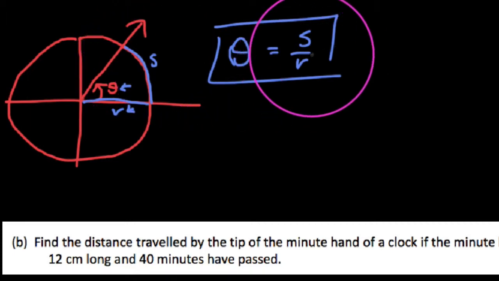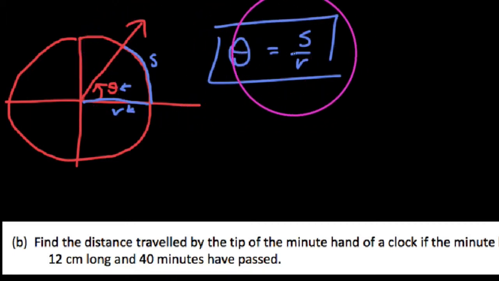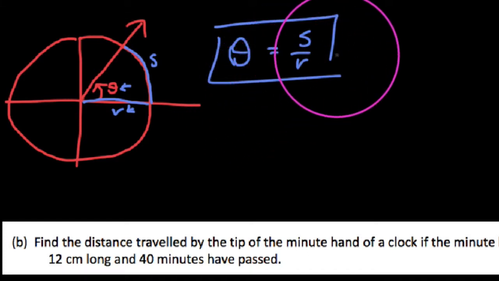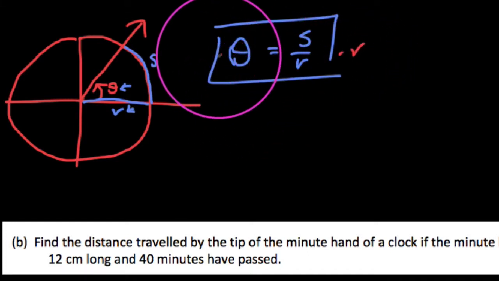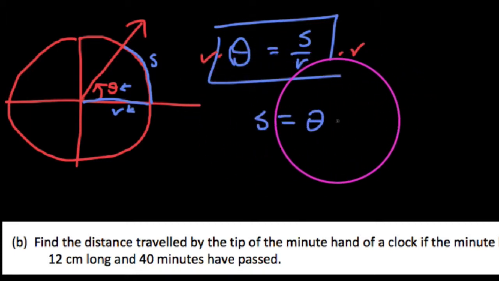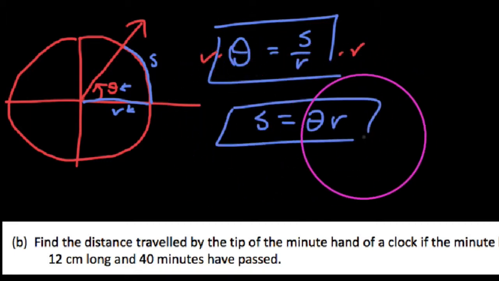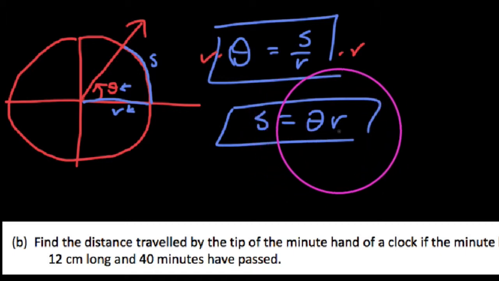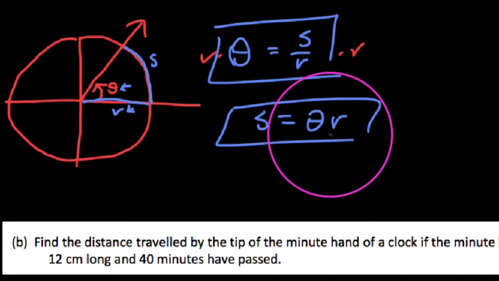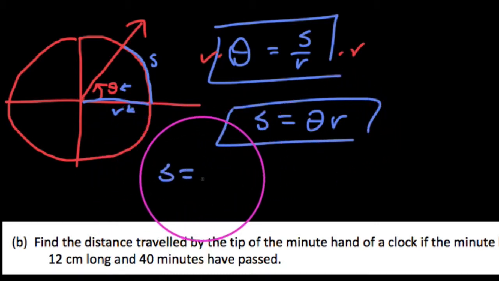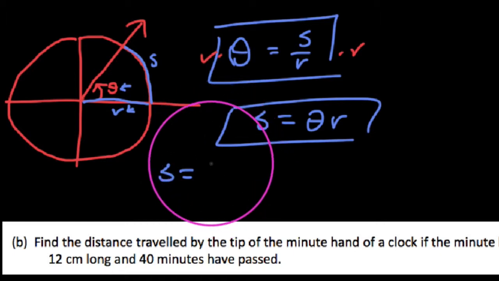In other words, if theta is equal to the number of times the radius fits into the outside, we could take both sides of this equation and multiply by the radius length. What we end up with is a new formula: to solve for the arc length, all we need to do is take the angle measure in radians times the length of one radius. S equals theta r, or r theta.